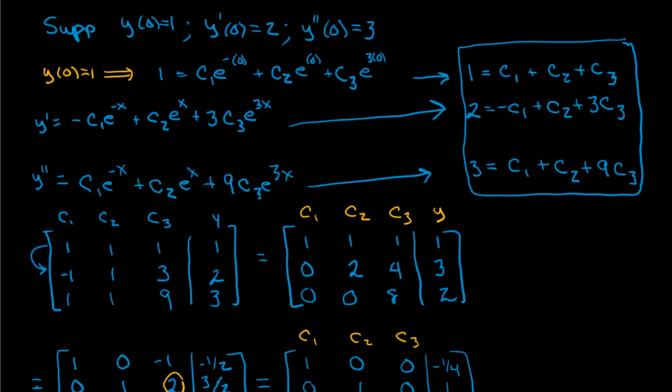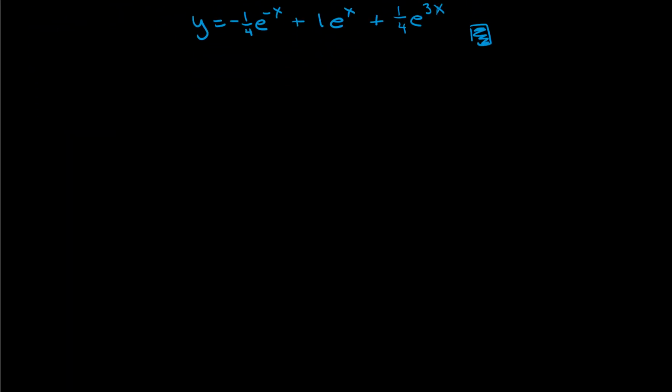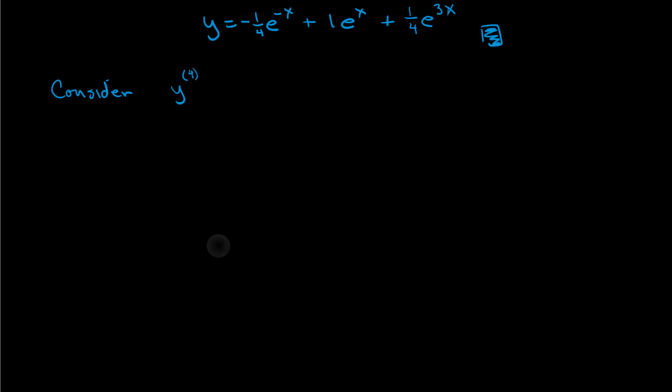In our next example, we are going to look at a situation where we don't just have unique roots. Let's consider the following problem. Let's say we have the 4th derivative of y, and remember the notation for that is a little 4 in parentheses, minus 3 times y triple prime, plus 3y prime minus y single prime equals 0.